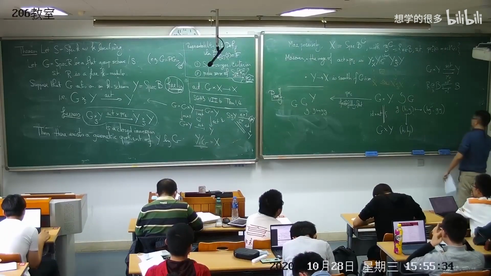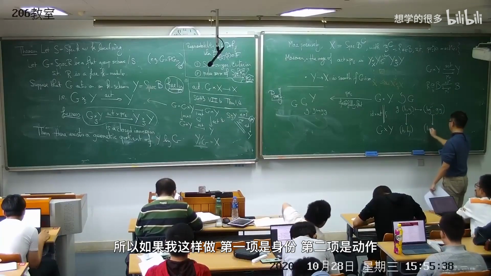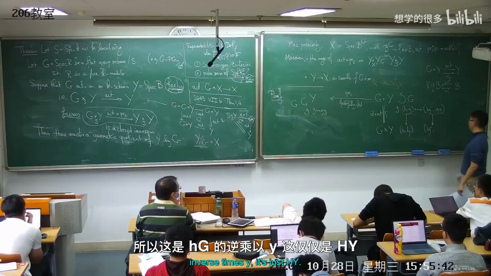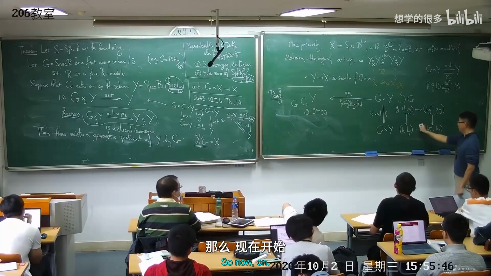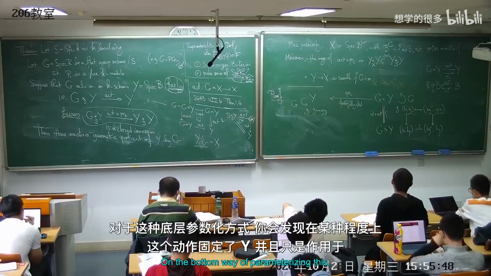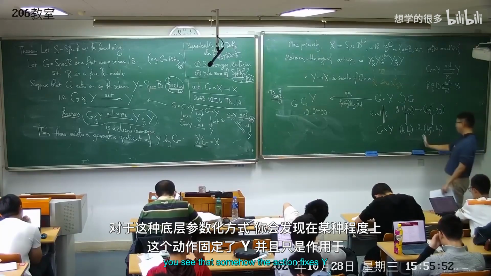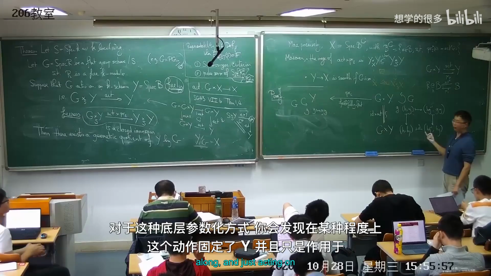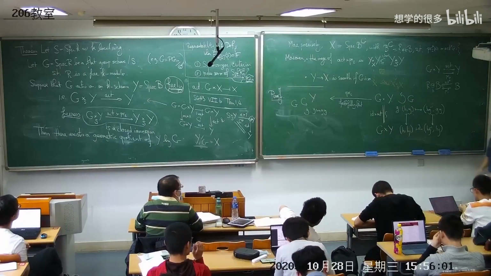So let's see that. If I do this, the first one being identity, the second one being the action, so this HG inverse times GY is just HY. So now, on the bottom way of parameterizing this, you see that somehow the action fixes Y and just acts on the G by multiplication on the right.